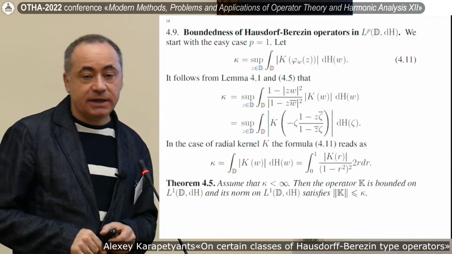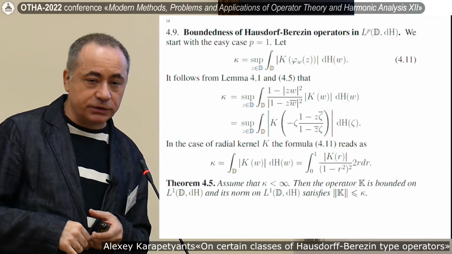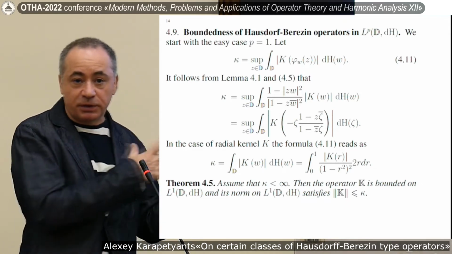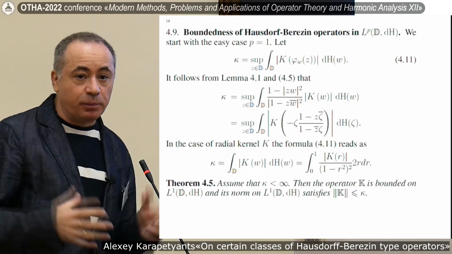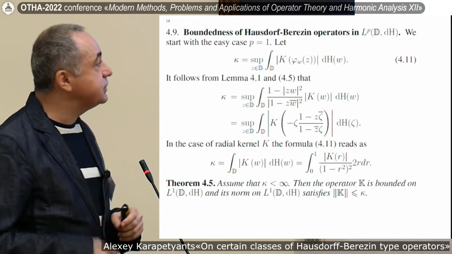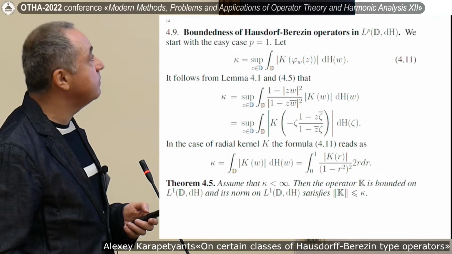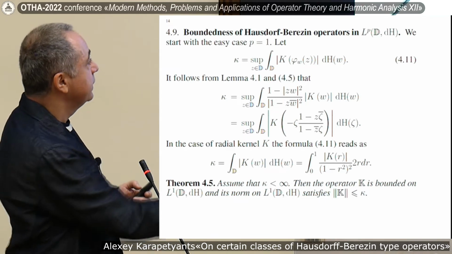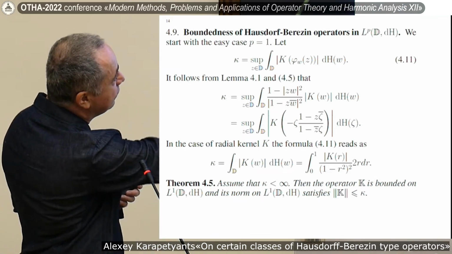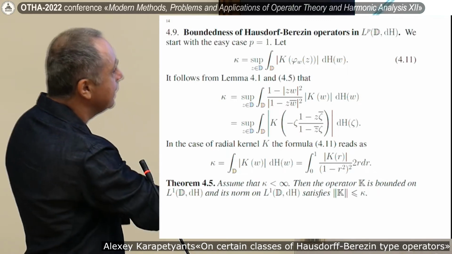Well, you remember I said that these operators inherit in some sense properties of Hausdorff operators, operators with homogeneous kernels. In this particular case, this means that we can apply the method of proving boundedness, of course with modifications, to our particular case. So setting this K as above, or in case of radial kernel, you just can simplify.